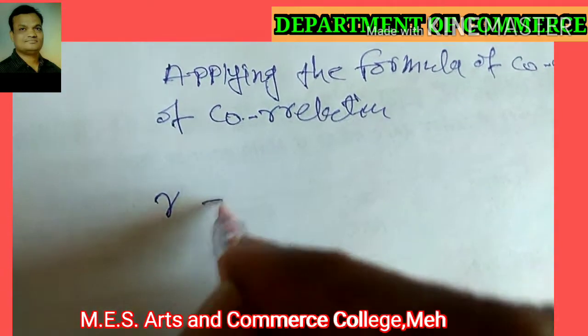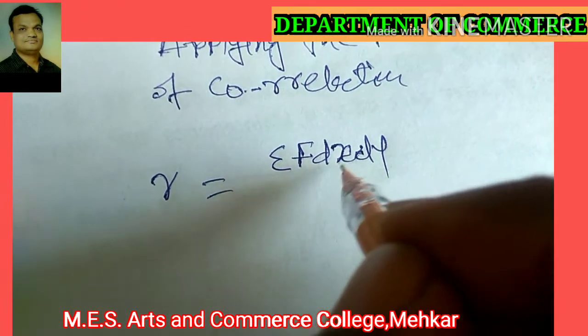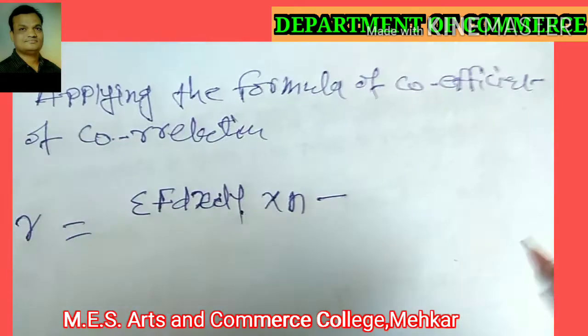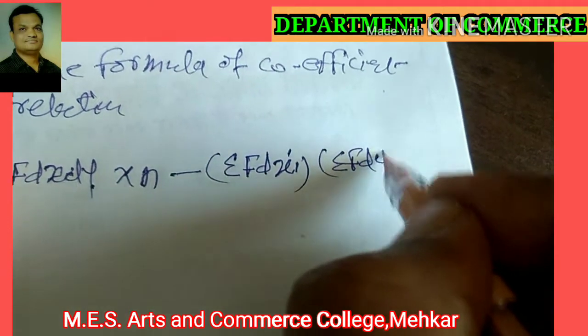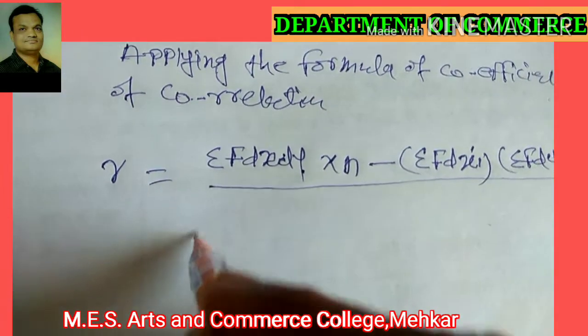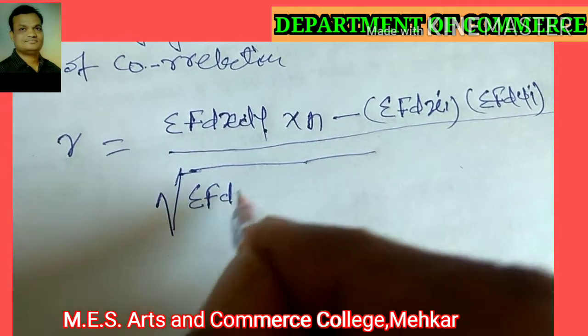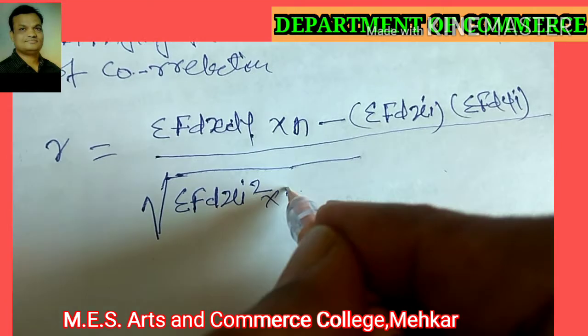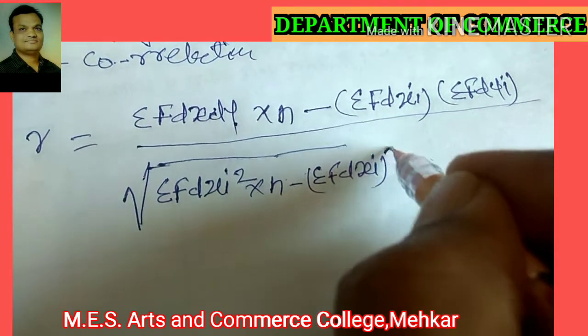Then write here the formula. R means coefficient of correlation: sigma f dx dy into n minus sigma f dx I bracket, in other bracket sigma f dy I, all upon, right here under square root sigma f dx I square into n minus sigma f dx I bracket square.